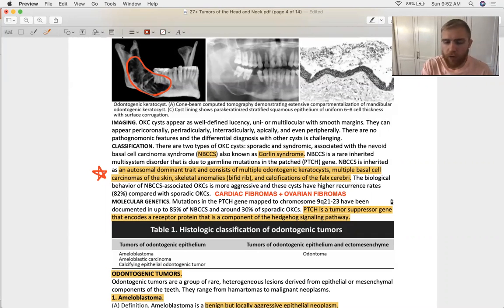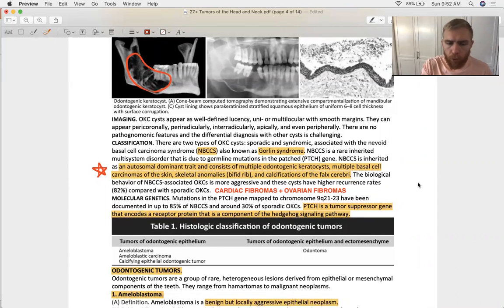And the dots are referred to as blue nevi. And then they're prone to basal cell carcinomas, which is a pretty bad type of skin cancer. The only skin cancer that's really worse is a malignant melanoma. And the basal cell carcinoma has a high metastatic rate. And Gorlin syndrome patients also get these cardiac fibromas and ovarian fibromas because of the patch1 mutation.